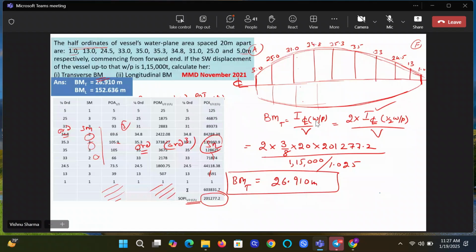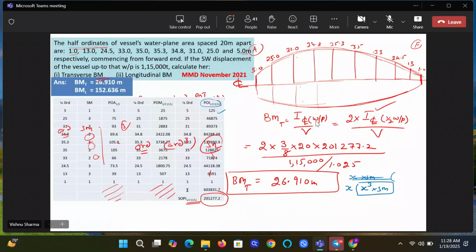See, if I take my ordinate as X, and when I come to product of inertia, what do I do? I cube it first, and then I multiply with Simpson's multiplier. That is my last column entry. Correct, beta? Yes or no?